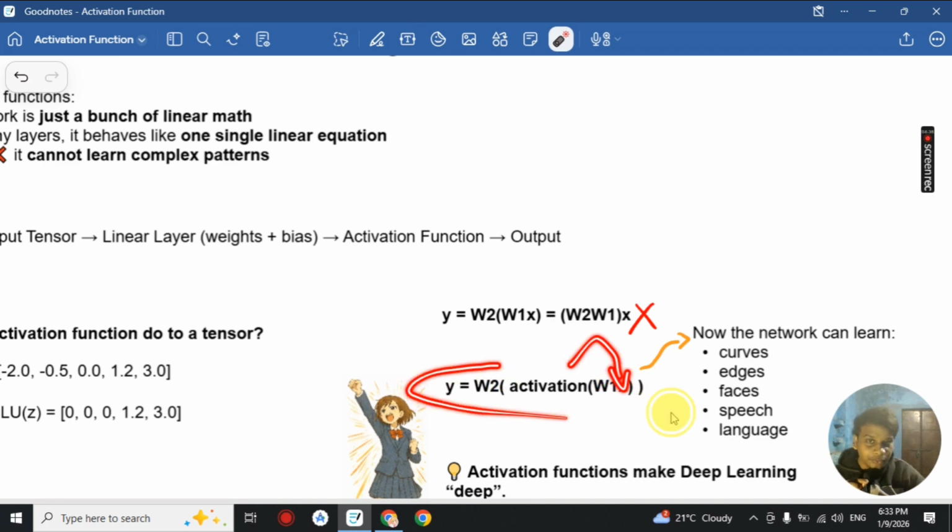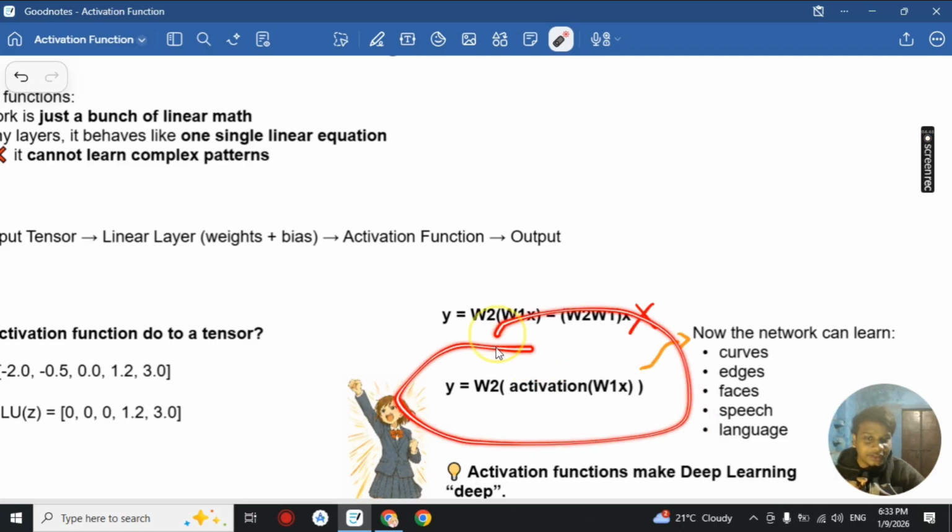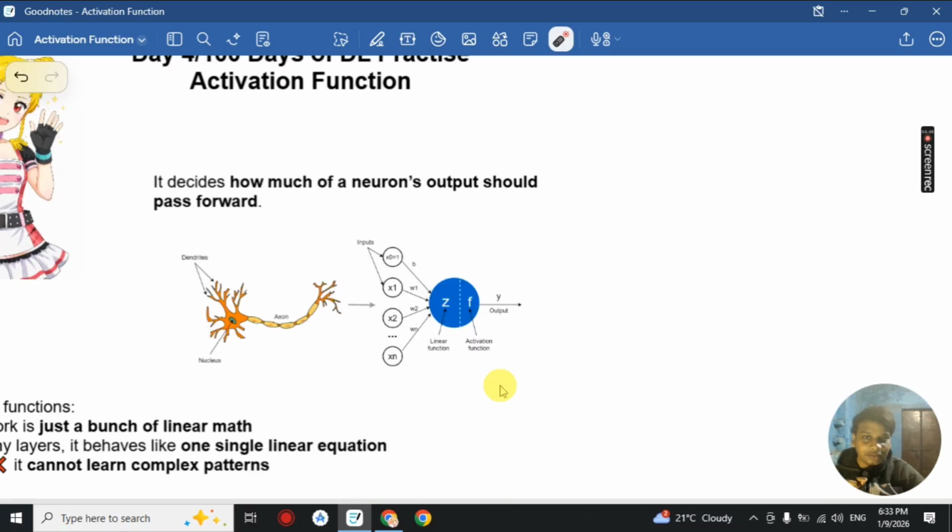So with the artificial neural network plus an activation function, we get the real technology of our biological neural network.